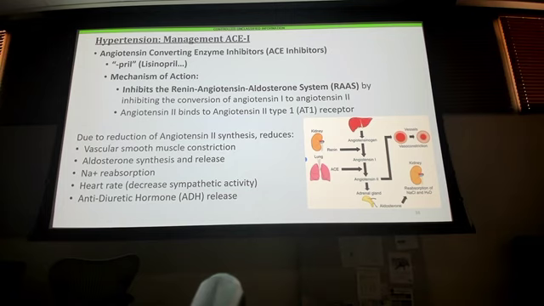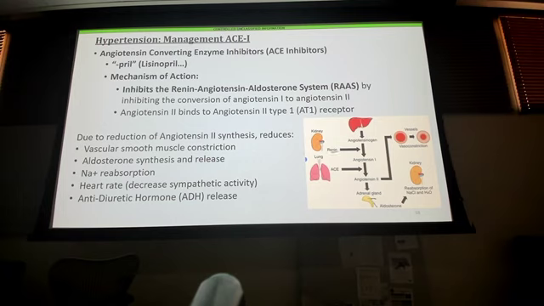It requires multiple organs to regulate your blood pressure. You have the liver producing angiotensinogen, which just circulates in the blood. Well, the kidney detects that the blood pressure is not appropriately perfusing itself, so it causes renin to be secreted.